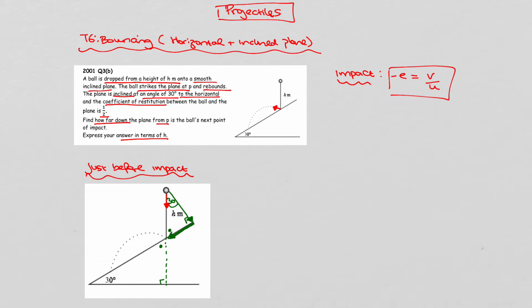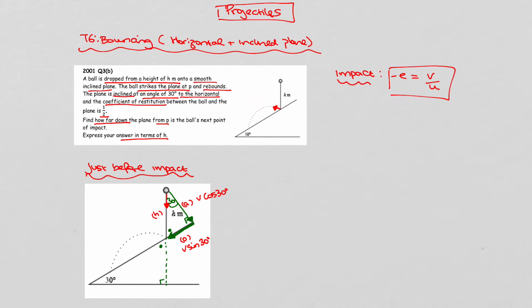That makes this side the opposite, this side the adjacent, and the original vector the hypotenuse. So the opposite is going to be v sine 30, where v is the initial velocity, and the adjacent will be v cos 30.